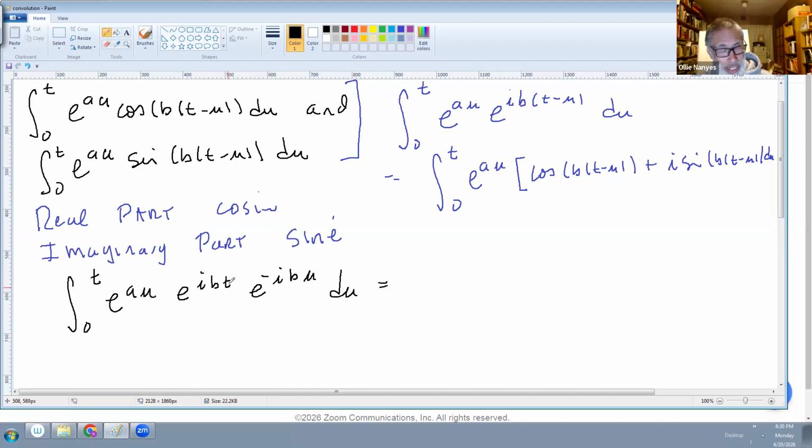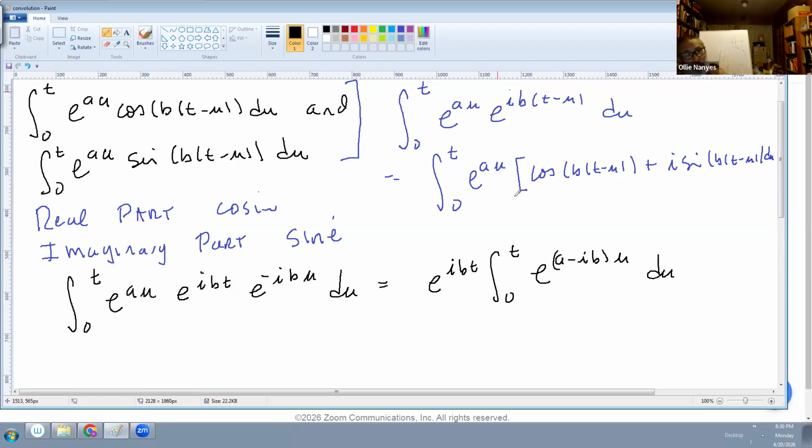And then notice t is a constant with respect to u, so this can be safely taken out of the integral sign. And then we have e to the (a minus ib)u du.